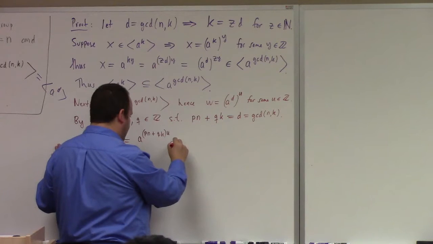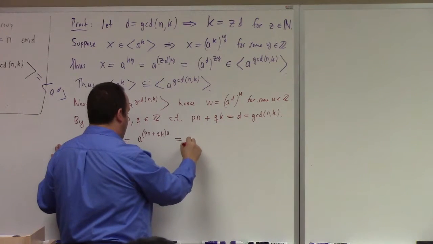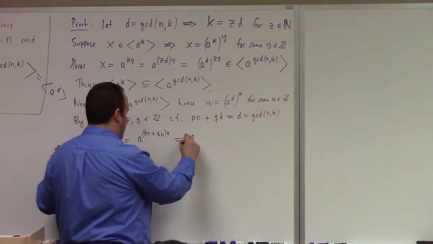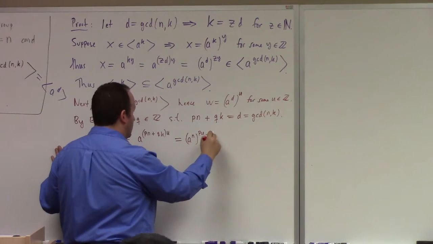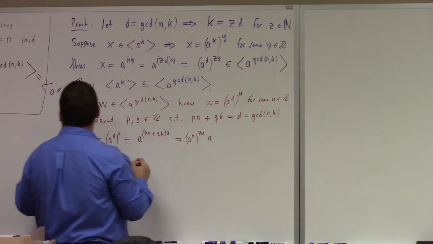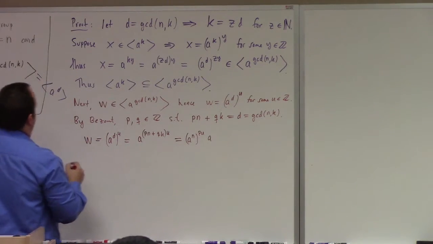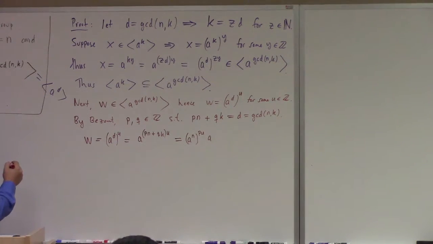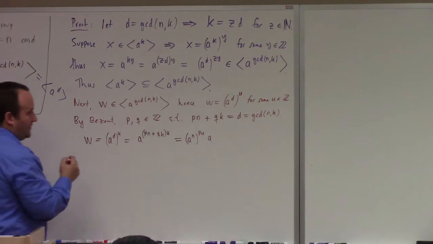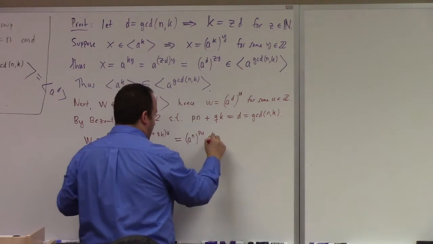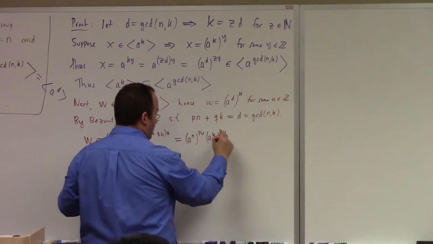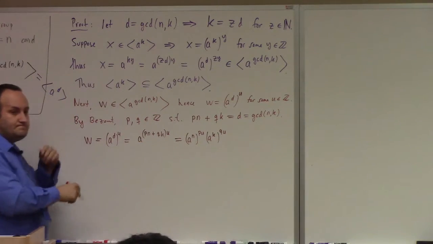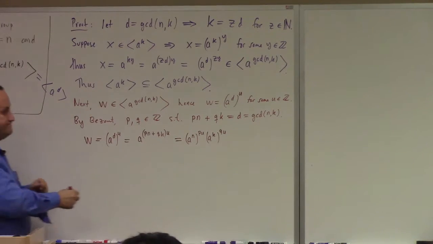That's equal to a to the n to the pu times a to the, let's see here, what am I trying to show? I'm trying to show that this is a subset of that. So I'm trying to rewrite this as a to the k to some power. So this is a to the k to the qu, using the laws of exponents there.